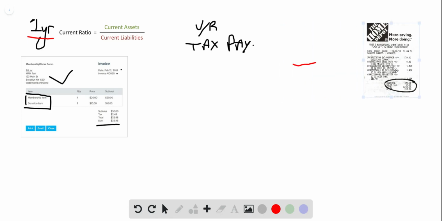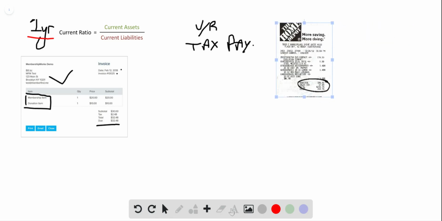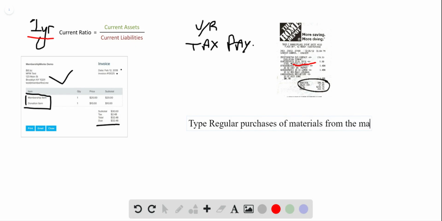So here, I'm going to move this over here. Some key words that we should look at whenever looking at a question like this. We see that the company is making regular purchases of materials from the manufacturer on credit.